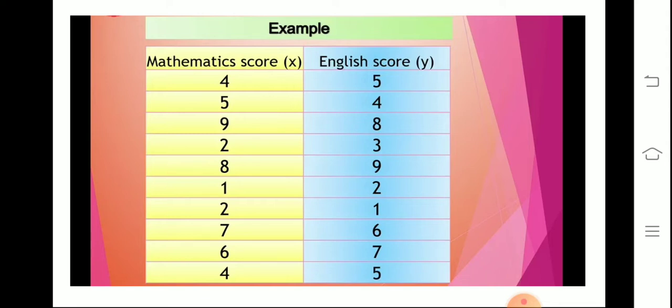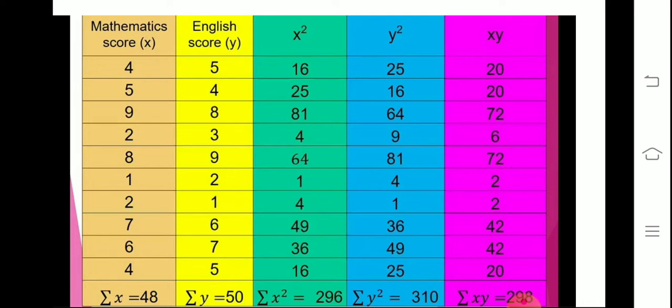Here is an example. We have data of mathematics scores, or X, and the scores of an English test, or Y. To get the third column, the X squared, you multiply the value of X by itself.